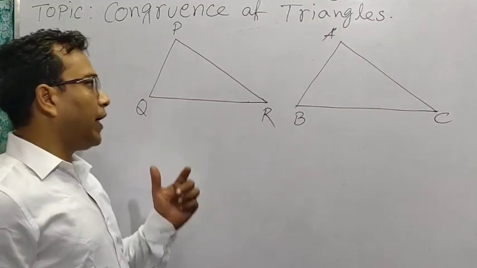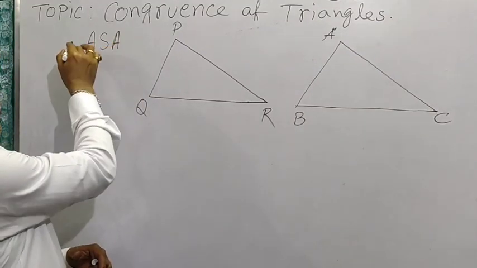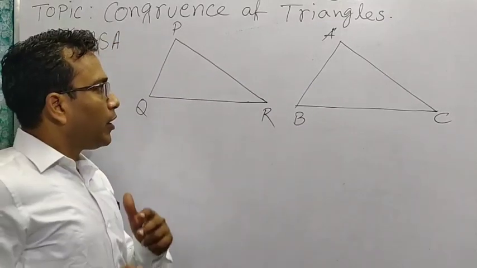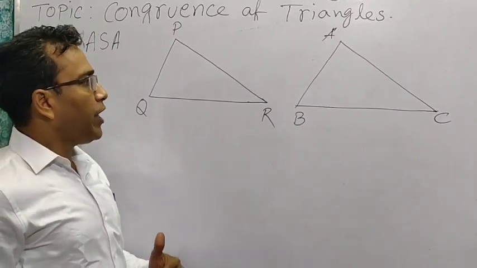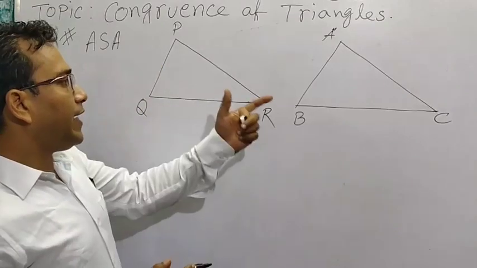Whenever we are going to compare two triangles under the ASA rule, then surely we have to compare the three sides and three angles.